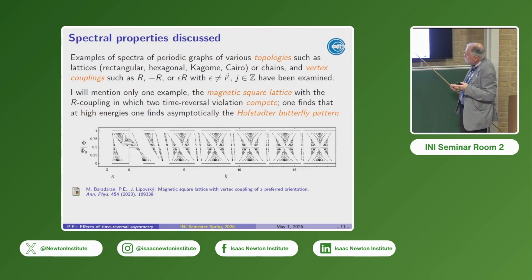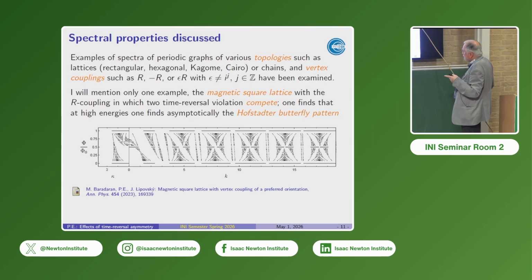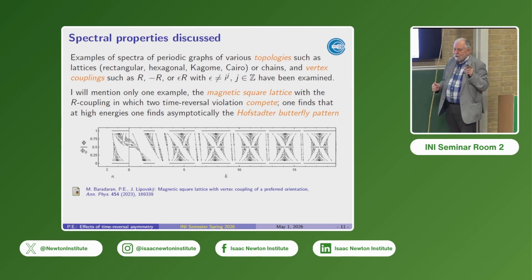If you plot the spectrum, you see that the vertex coupling influences significantly the shape of the spectrum at low energies, but asymptotically at high energies, the Hofstadter butterfly is restored. Some of these things need to be discussed separately, but the main thing is that the influence of the coupling is important at low energies only.